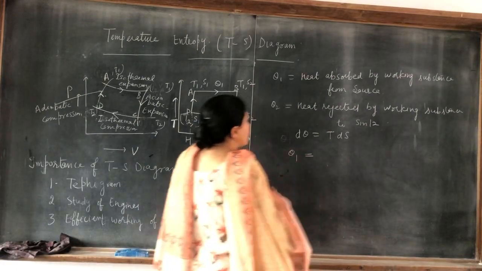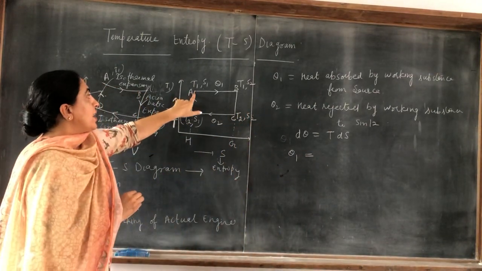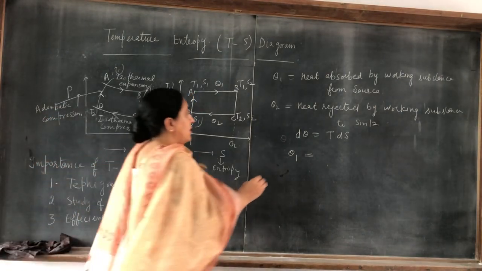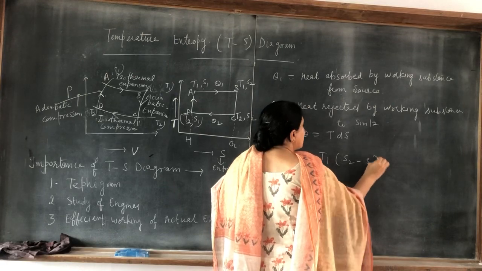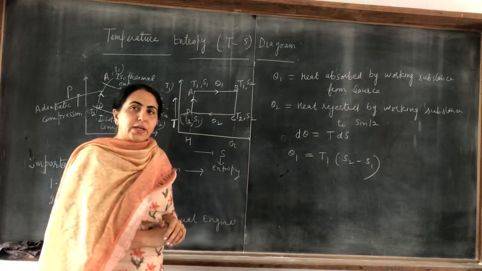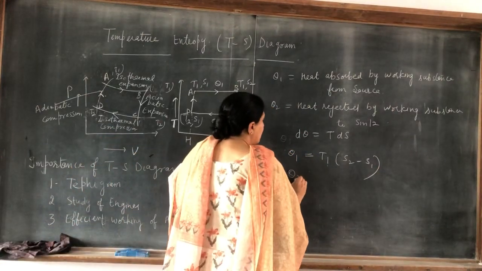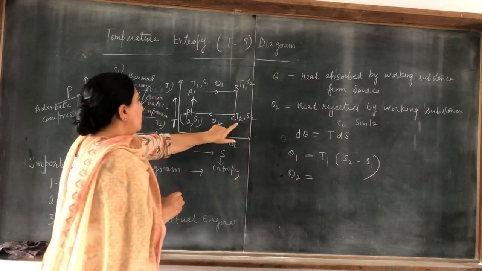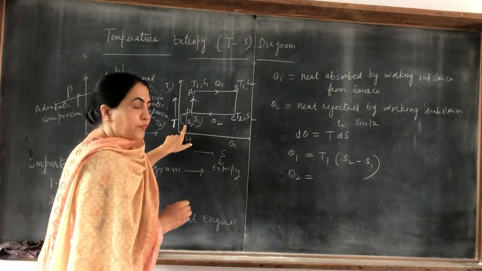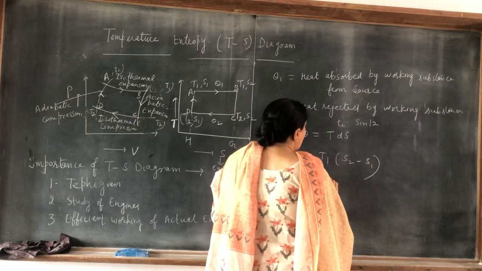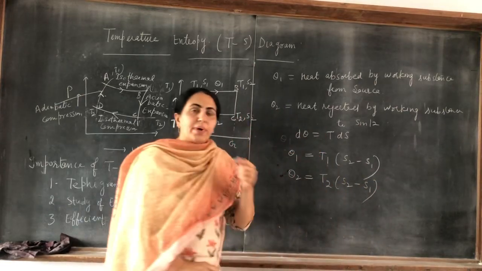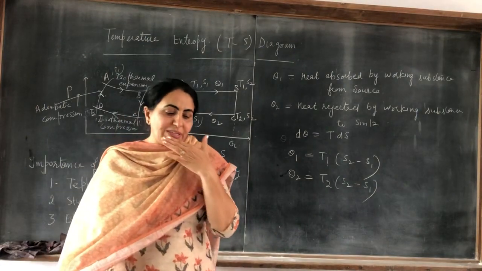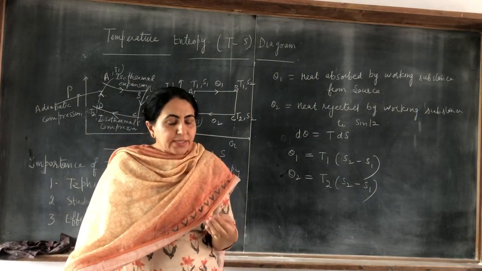Q1 is equal to, in this case the temperature is T1, into dS. dS is the entropy change, S2 minus S1. And in the second case, Q2, the temperature is T2, and the entropy change is again S2 minus S1.